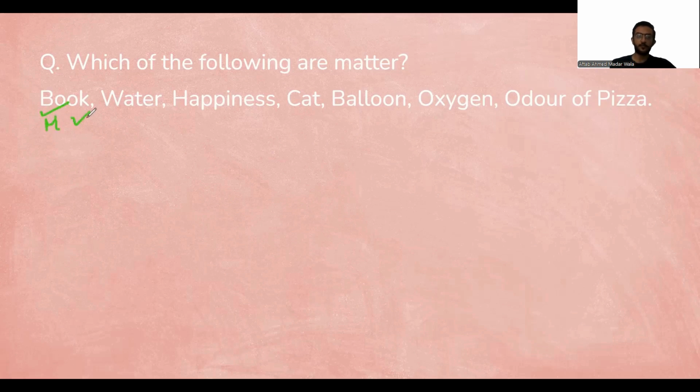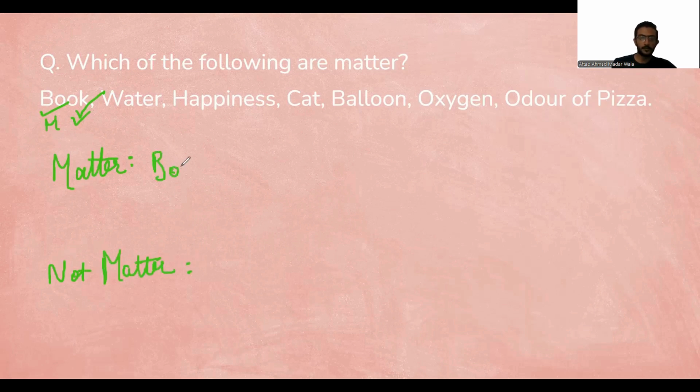Does book have some amount of volume? It does have some amount of volume. So is book a matter? Yes, book is a matter. So I'll write over here matter and substances which are not matter.